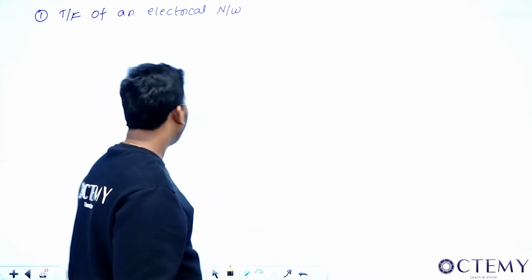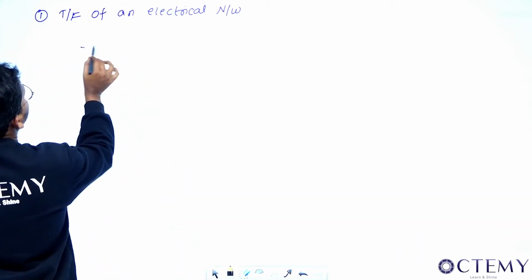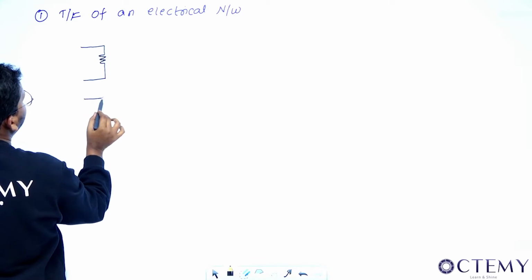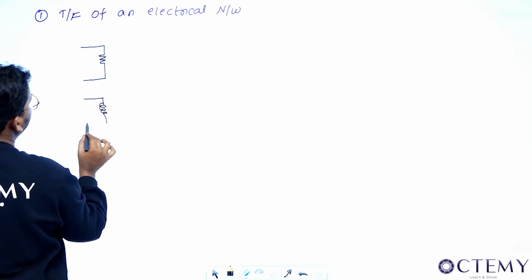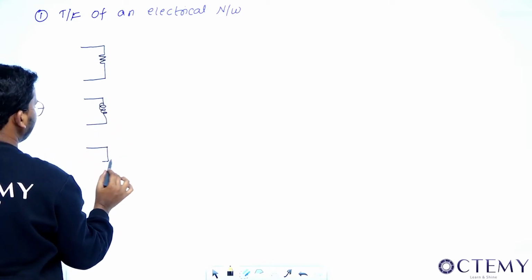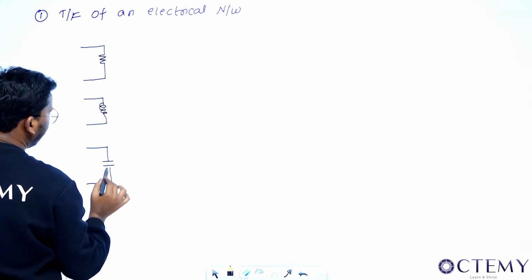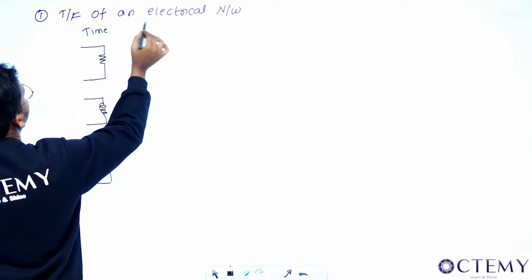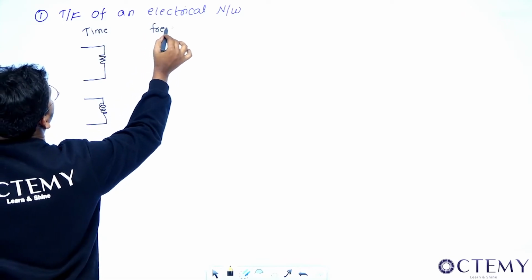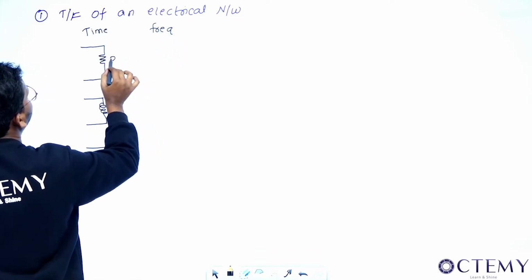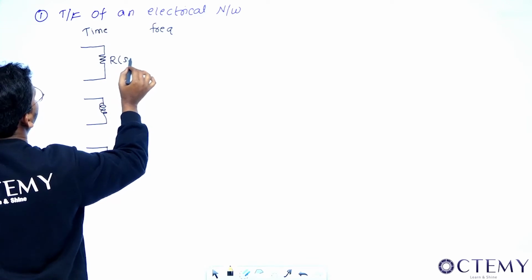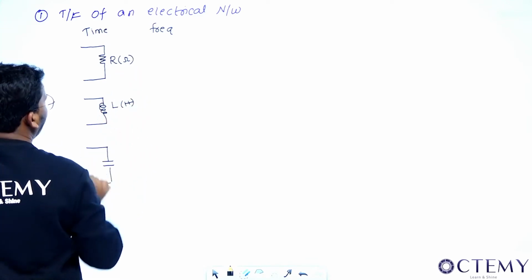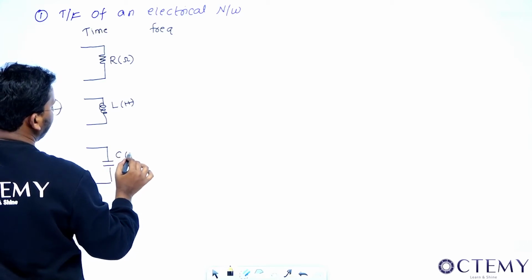If we talk about the resistor, this is how the resistor looks. If we talk about the inductor, this is how the inductor looks. If you talk about the capacitor, this is how it looks. In the time domain, this is R in ohms, this will become L in Henry, and this will become C in Farad.